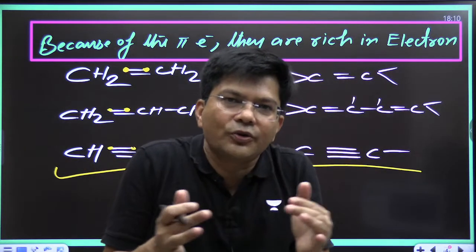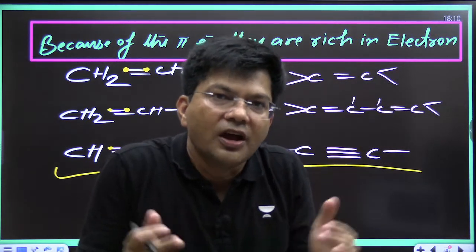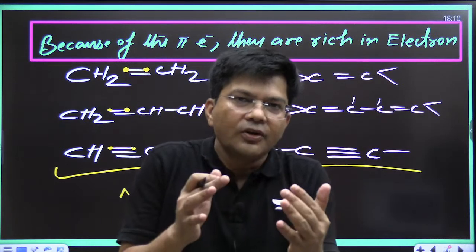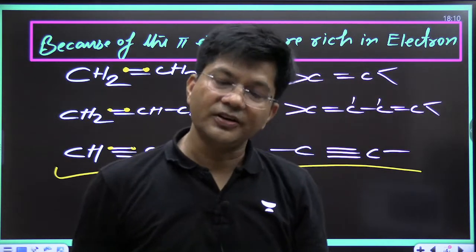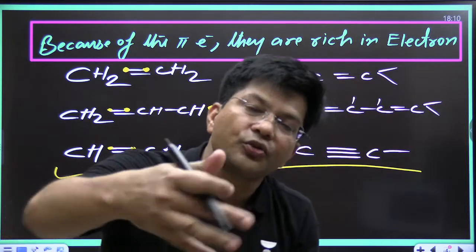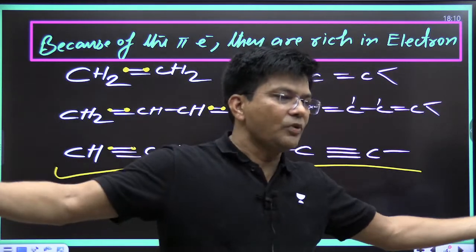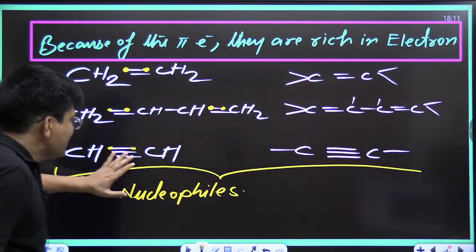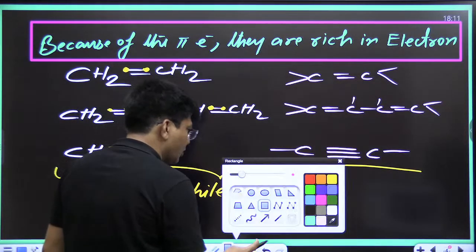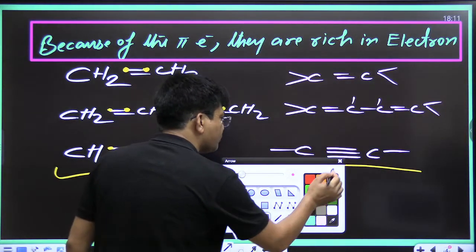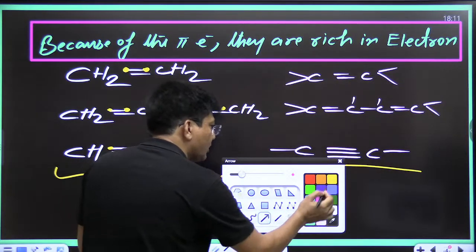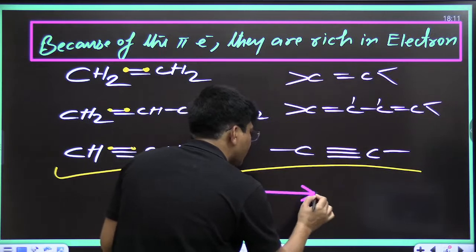Nectar is not going to get attracted towards nectar, and a honeybee is not going to be attracted towards a honeybee. A reducing agent gets attracted towards an oxidizing agent. So whom will these nucleophiles attract, kids? Do let me know in the chat section.